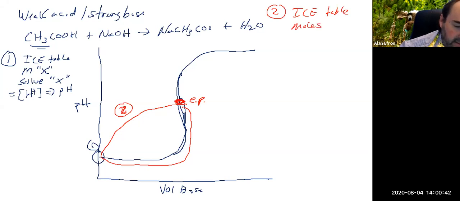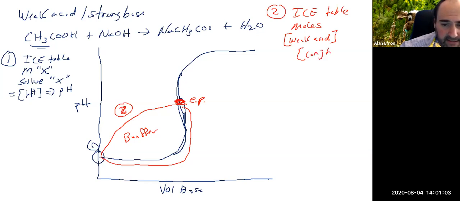The whole purpose of this area is, if you remember, that you end up with a buffer: the concentration of your weak acid and the concentration of your conjugate base. So you do that one ice table in moles, convert back to molarity, and because you will always have a buffer, you could go right into your Henderson-Hasselbalch equation. Or again, you could do a second ice table and skip the Henderson-Hasselbalch equation if you choose.